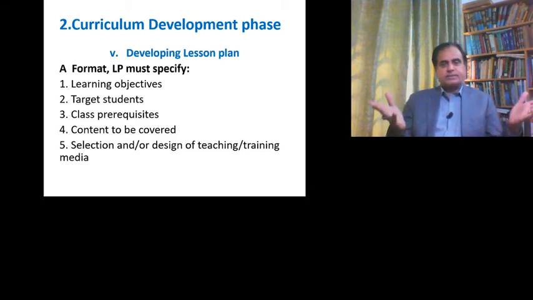Prerequisites are related to the academic and intellectual, or the topic or the knowledge, and also the material things, the physical things, the technology, and so on and so forth. Content to be covered should be very clear. Level of the content that should be covered should be very clear. Selection and design of the teaching or training media that we have discussed should be done for almost each class, or even within the class, for each activity.